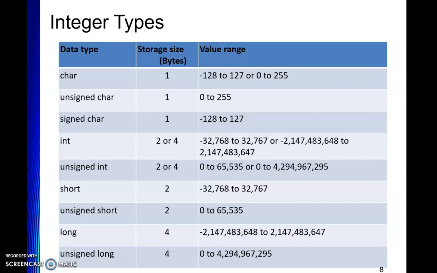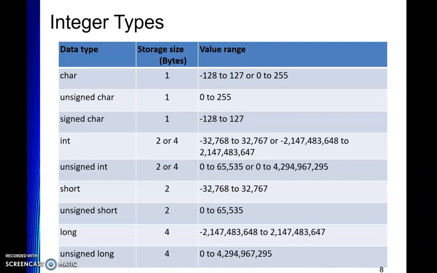The last one is the sign bit, so it comes out as -128 to 127, right? So signed character and character are the same. And for unsigned, we are not talking about positive or negative, so we can stretch this number to 255. Integer is 2 or 4 bytes, mostly today it is 4.